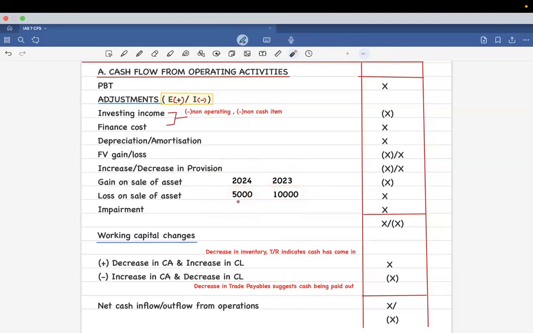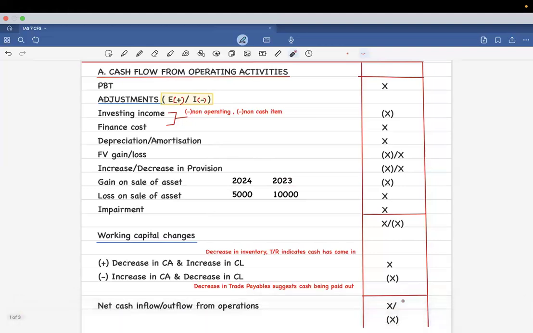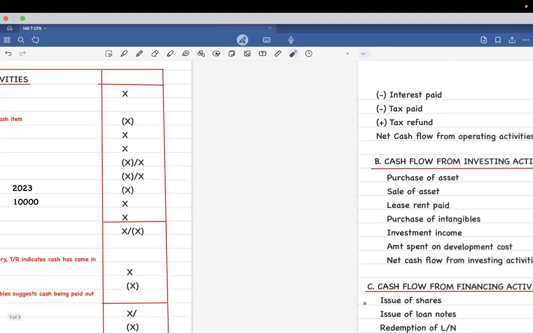So you are getting a cash outflow, hence deduct. So if it is deduct, it is increase in current asset, and just the opposite with current liability, that is decrease in current liability. Once you do that, you get cash flow from operations after you have adjusted all the working capital changes.